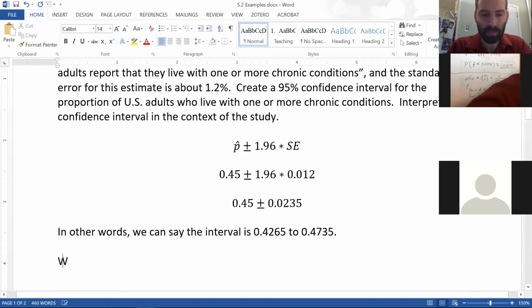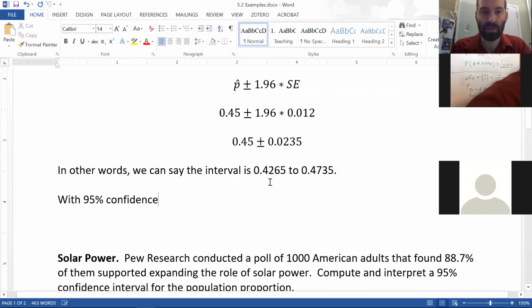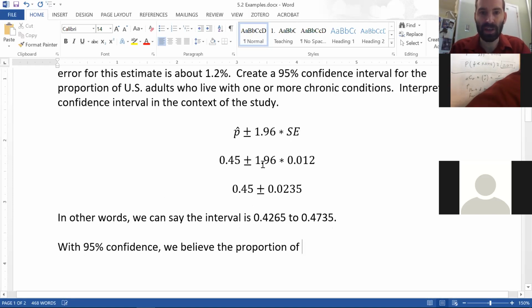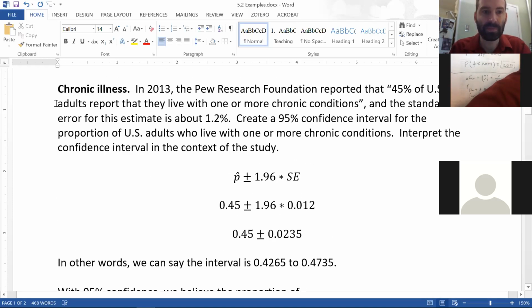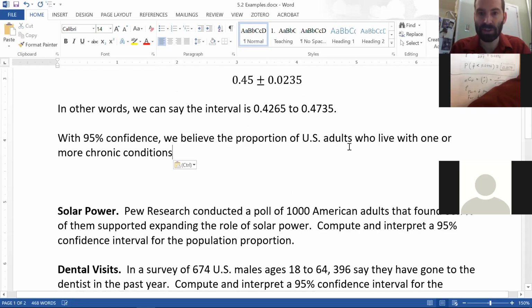So with 95% confidence, we believe the proportion of US adults who live with one or more chronic conditions is between these values here.